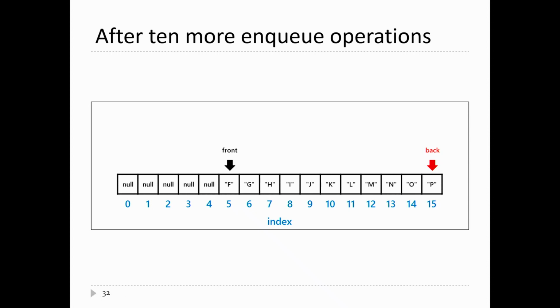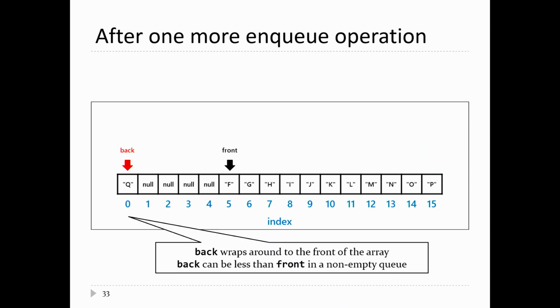So to NQ another element, you just make back wrap around. Back wraps around to the front of the array, and now back is less than front. In other words, it looks like it's to the left of front. Here it's to the right. Now it looks like it's to the left. But this is still a valid queue.